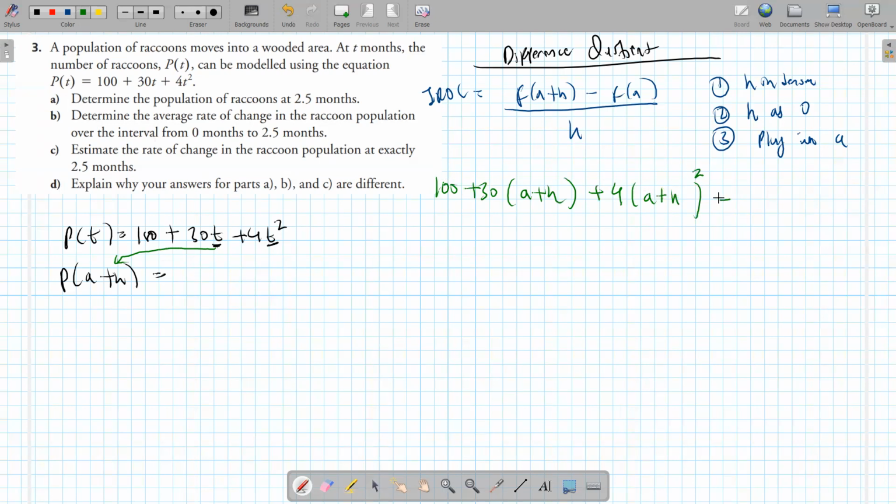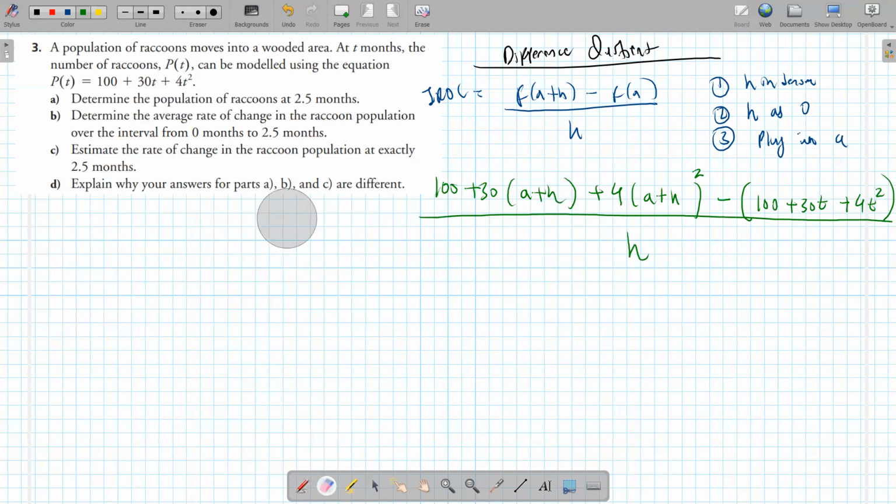Minus f of a, so minus the original thing. Whenever you're subtracting something, make sure you have a bracket here. So minus 100 plus 30t plus 4t squared, well, sorry, right now it's plus, it'll eventually become minus, all over h. Now let's open the brackets.